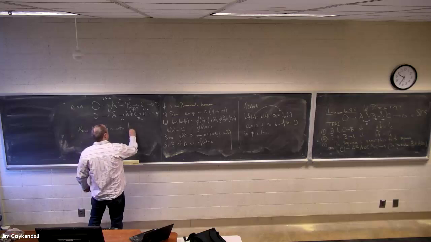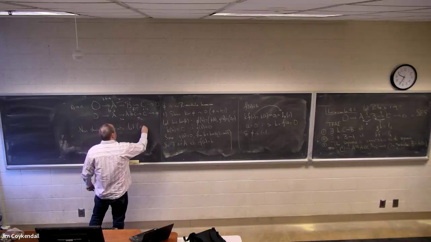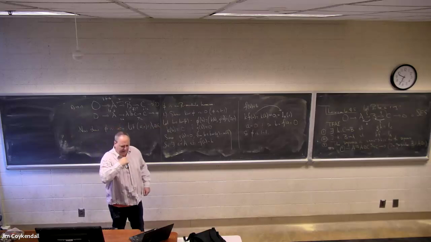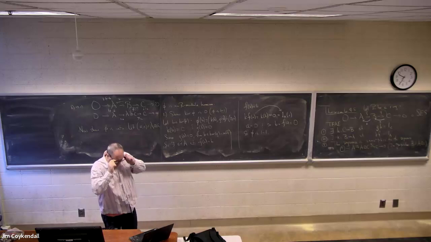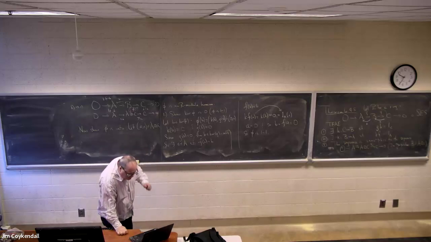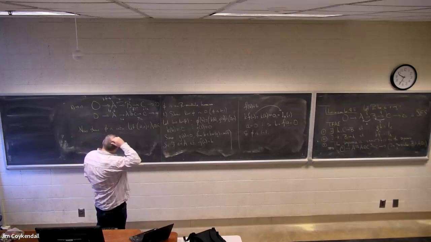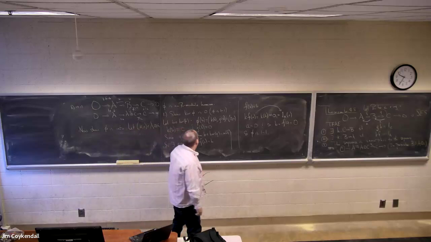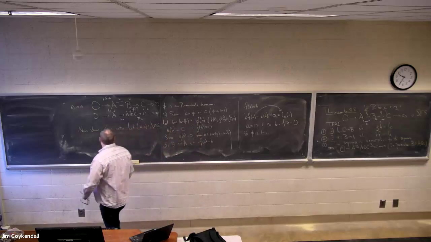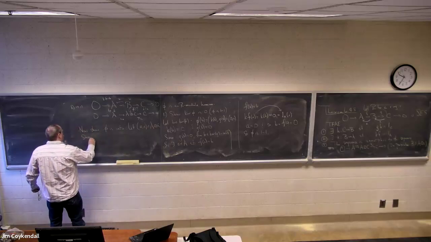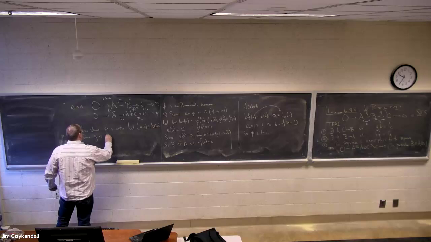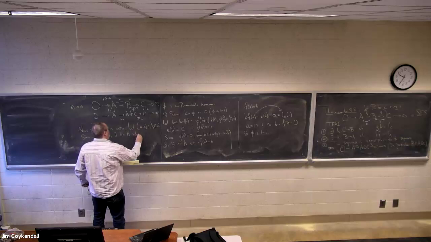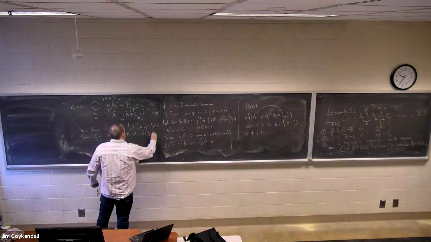So let A, C, B, work some there on the bottom. Well, since G is onto, there exists B such that F is.